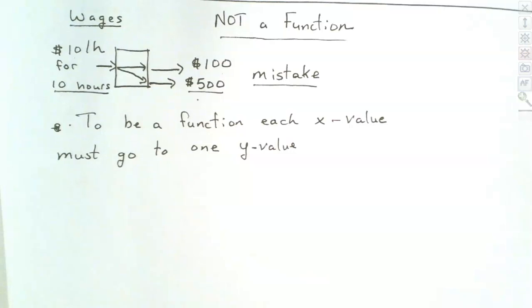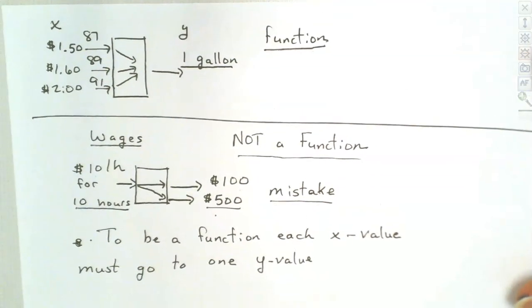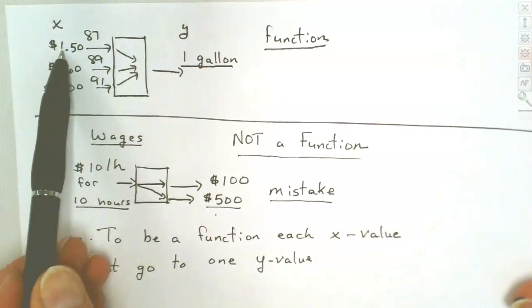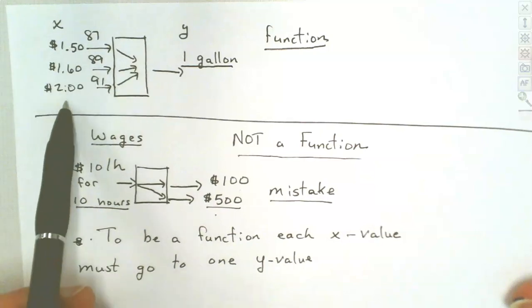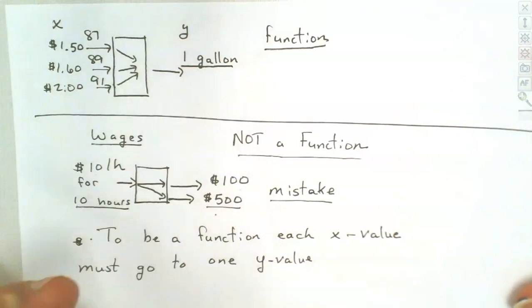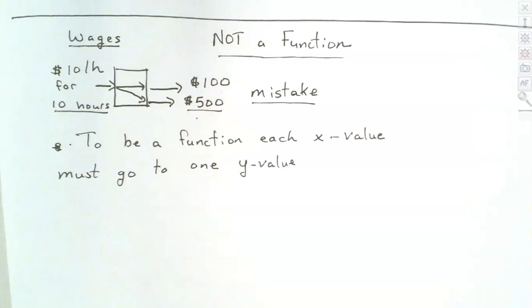So that's why this one's not a function. Now, this one up here with the gallons of gasoline, why is it a function? Well, these are different x values, $1.50, $1.60, $2. They're different x values. They can all go to the same y value. But you can't have one x value split off two ways. So it can't happen. So to be a function, each x value must go to one y value.